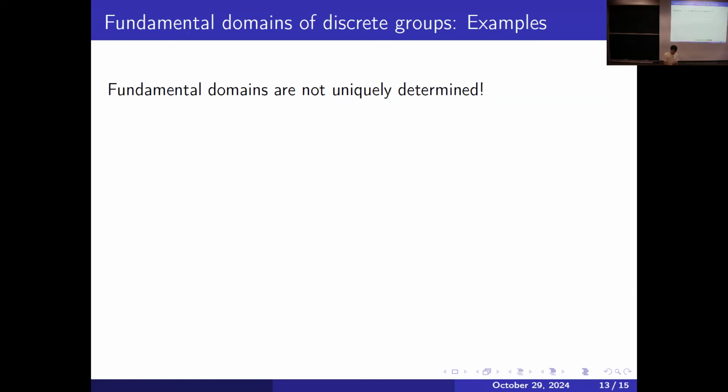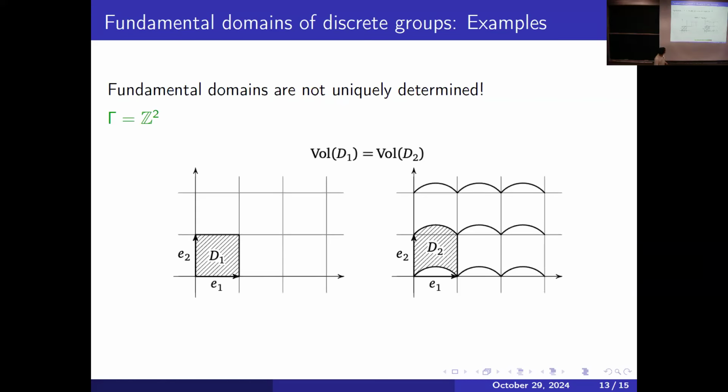Okay, then let's consider some examples. Generally, fundamental domains are not uniquely determined for discrete groups. For an example with the translation group acting on the plane, I can give you two, and actually really many different fundamental domains.